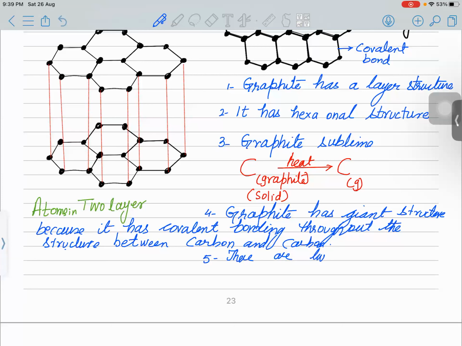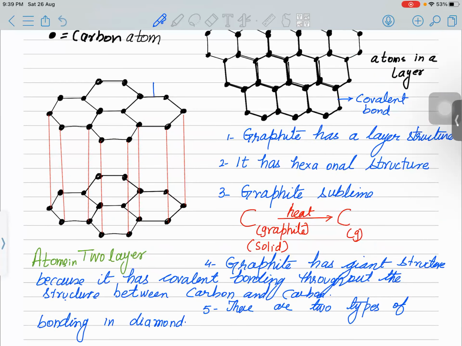There are two types of bonding in graphite. This is covalent. And this one is van der Waal.